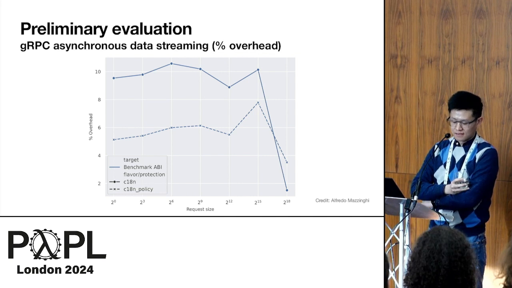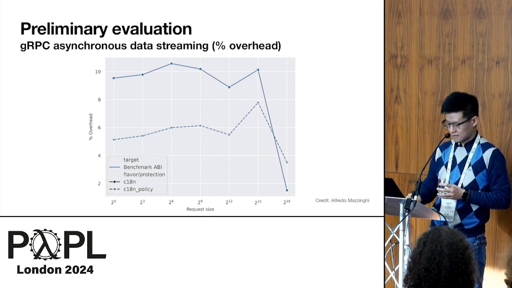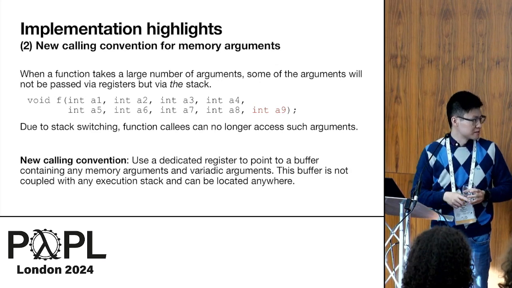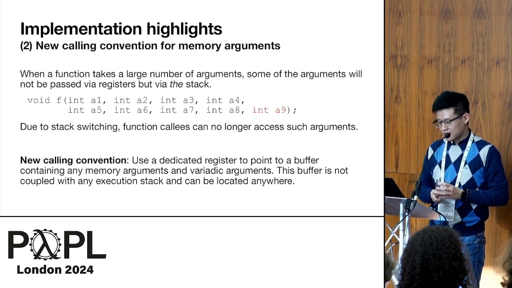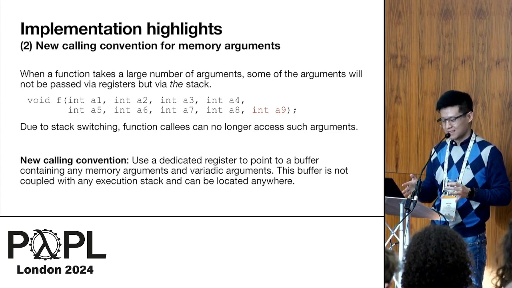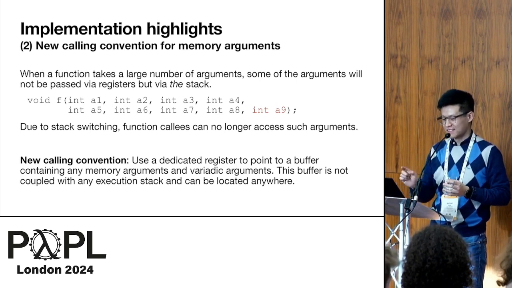Hi, thank you for your talk. I'm wondering a bit about this buffer for the spilled registers. You mentioned briefly that you could enforce that it's reclaimed at the end of the function call. Is that correct? Are you talking about this? Yes. Okay, so in the current implementation, this buffer is really just allocated on the caller stack, but it's not safe because the callee can just save up this capability and mess with it later.